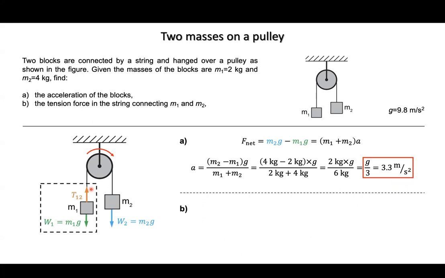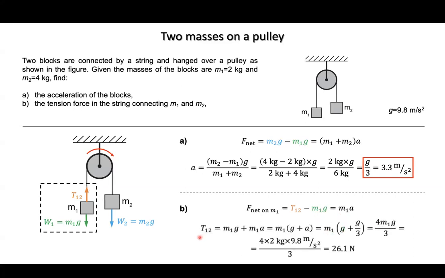So the net force on mass 1 will be equal to tension minus M1G, which is the weight. And this has to be equal to mass times acceleration, and the mass is the mass of the first block, which is M1A.